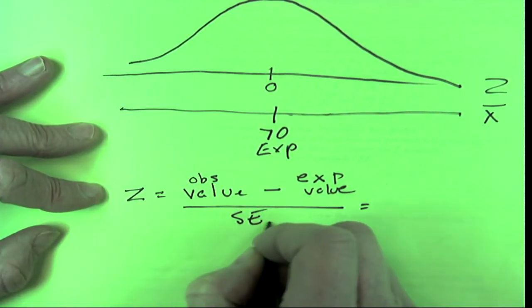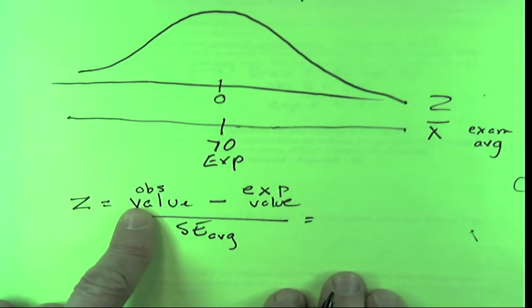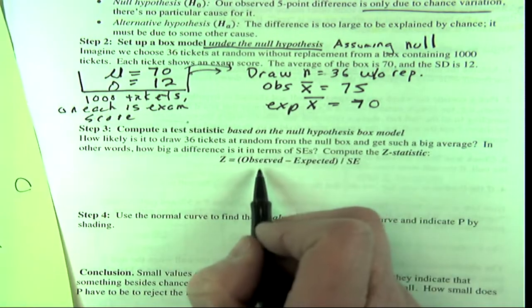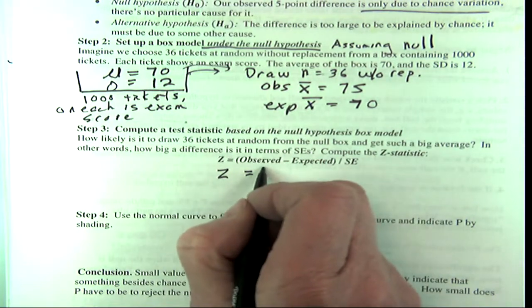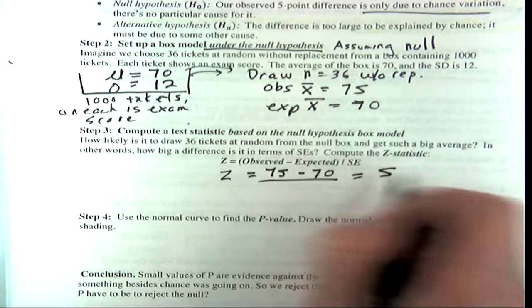And we're talking about averages, so they're all going to be averages. So z equals, our observed x bar is 75 minus 70. So right there is the 5-point difference.